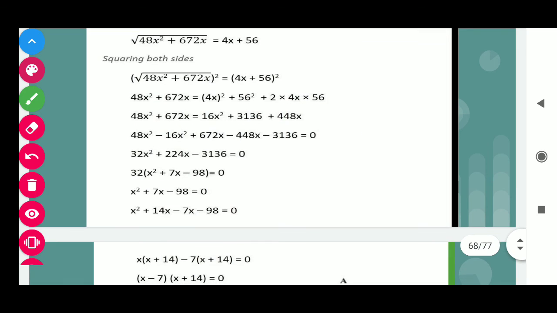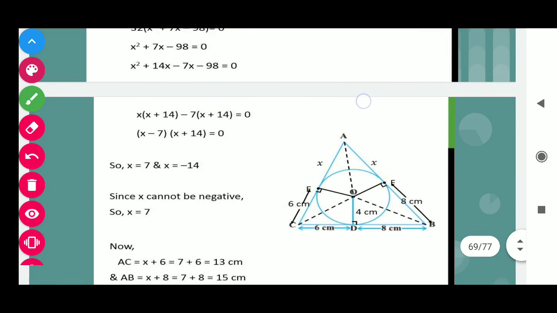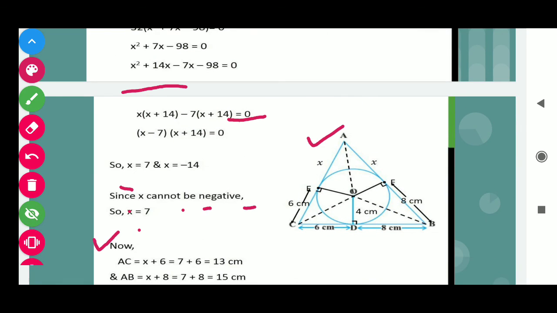In this way we get the quadratic equation x squared plus 7x minus 98. Now make its factors. On factorization we get x minus 7, x plus 14 equals 0. So in this way we get the answer x equals 7 and x equals minus 14.